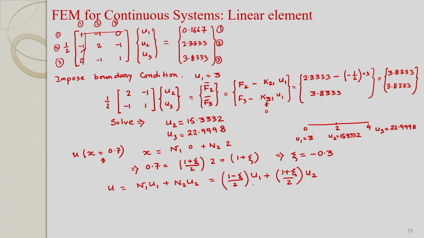We know the nodal values of u, we know the value of xi. So, it will be 0.65 u1 plus 0.35 u2.